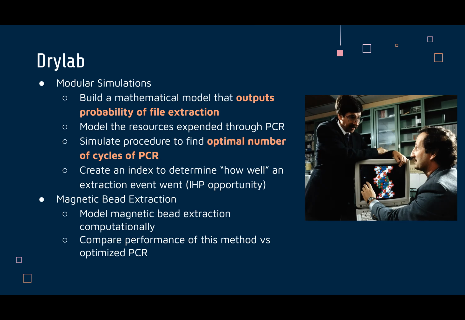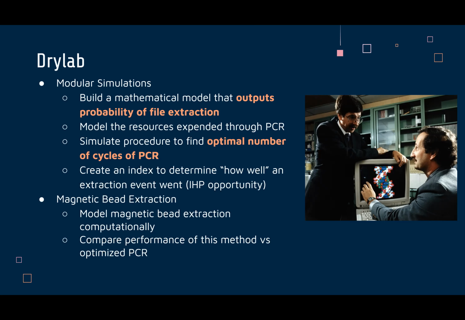This will likely involve creating an index to determine the quality of an extraction event, which will also involve determining what sorts of resources and valuing those expenditures versus the optimal probability of extracting the correct file.